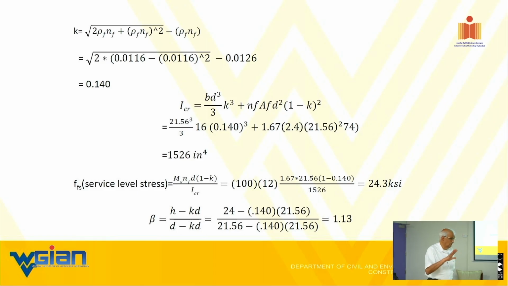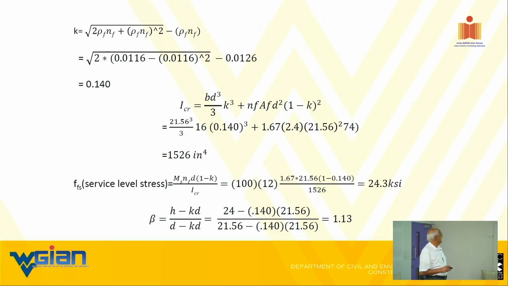These are broad numbers again for the designers. That's a good guide. So that is why we keep emphasizing the service level stress. That's the key. So if you look at the I cracked value, I don't recall the I g value.